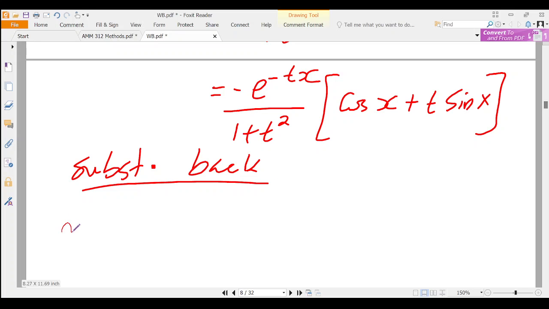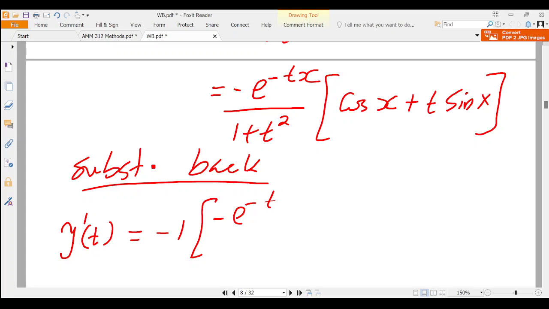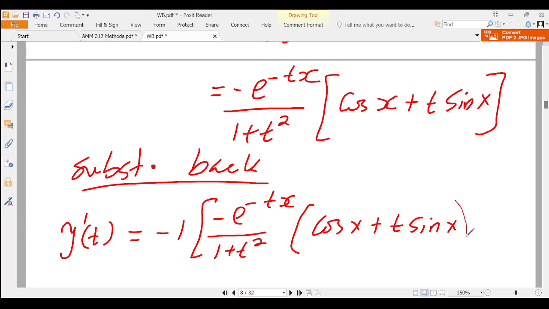Substituting back, I'm going to get y prime of t is equal to minus 1, then we have minus e raised to power negative tx, all over 1 plus t squared into cosine of x plus t sine of x, as x increases from 0 to infinity.